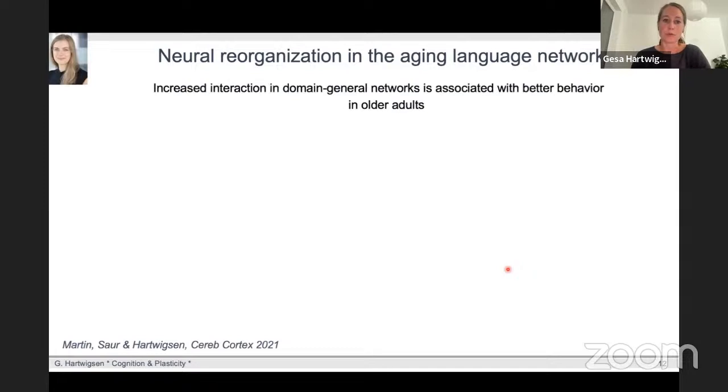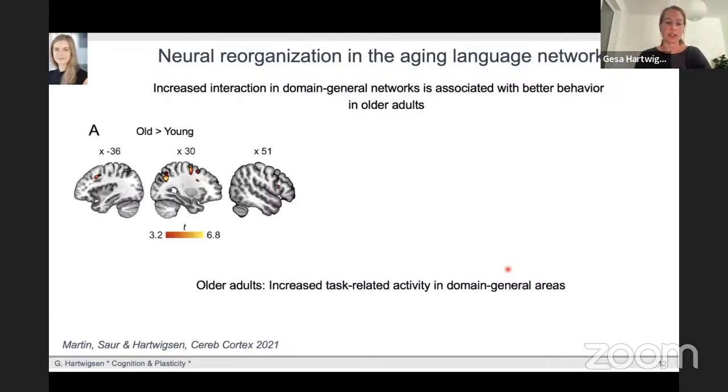What she found was that when older adults perform semantic fluency during fMRI, we see increased interactions between domain general networks and domain general areas, which is associated with better task performance. This is data from task-related activity, where we see that old subjects have more activity during verbal fluency.